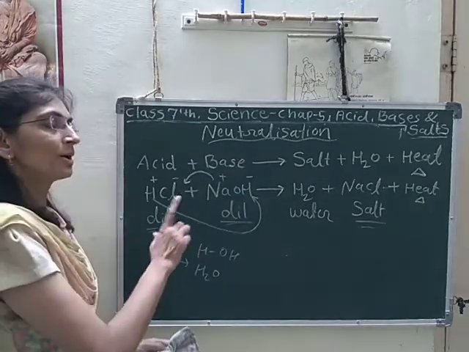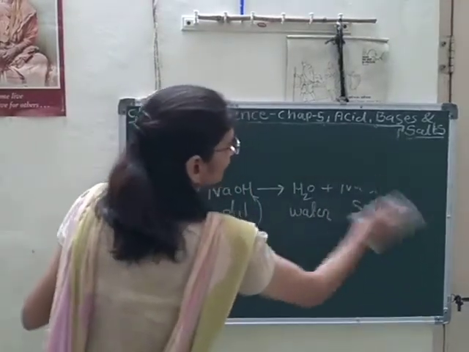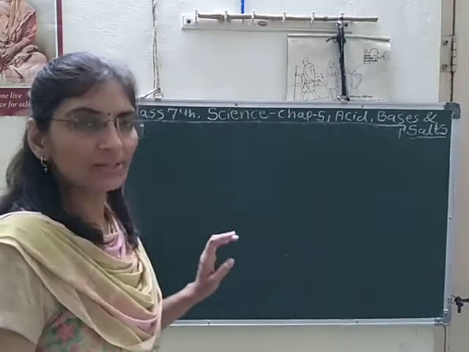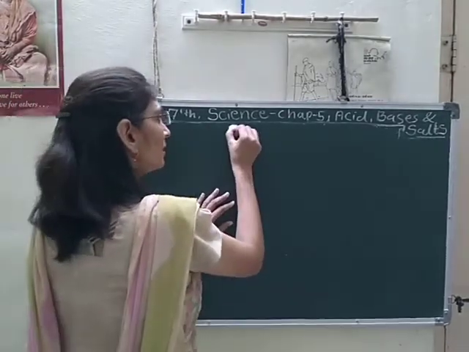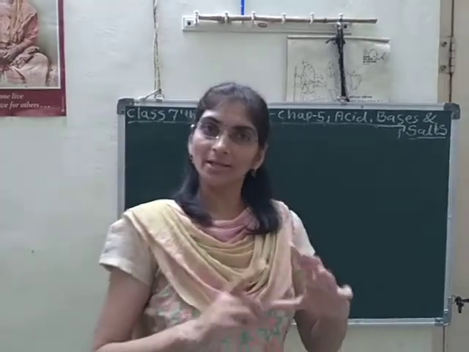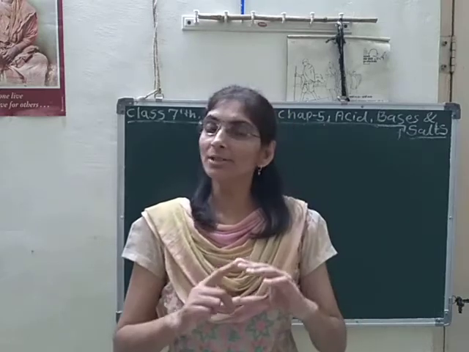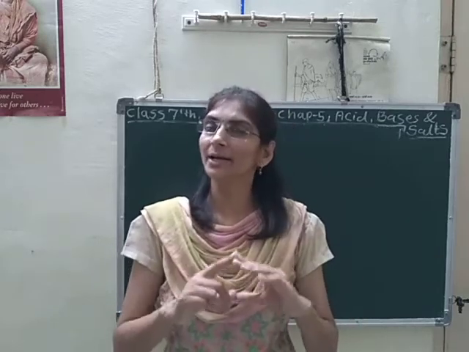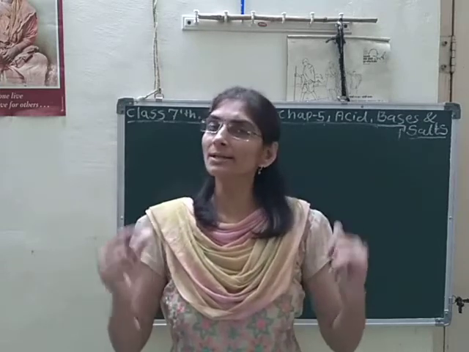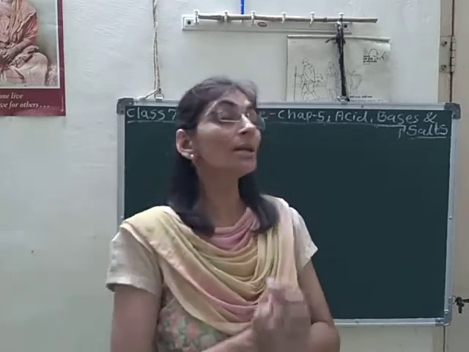I hope you understood that well. Next we will see activity 5.5. It is based on the neutralization reaction, and we are using phenolphthalein indicator for it. Usually this indicator is used in the laboratory for the neutralization reaction.